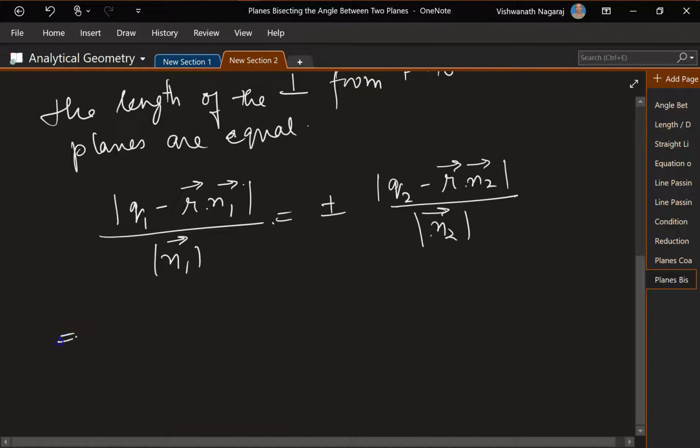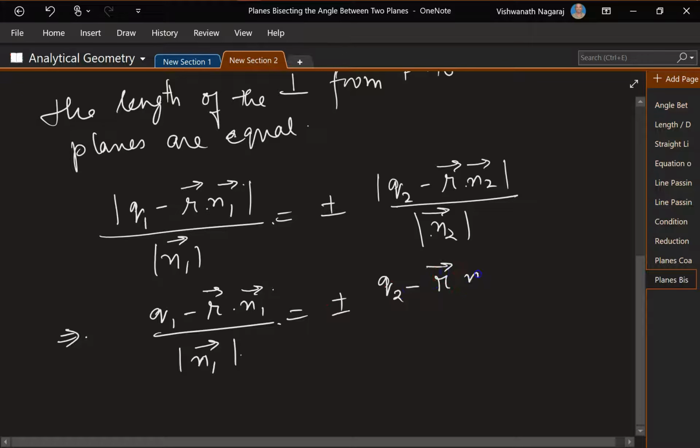Now if we remove the absolute values, q1 minus r.n1 by magnitude of n1 is equal to plus or minus q2 minus vector r.n2 by magnitude of n2.